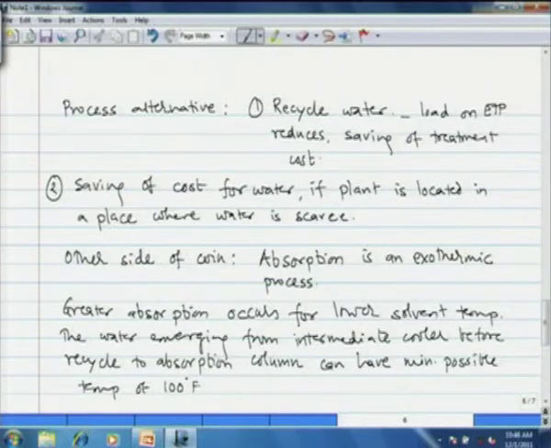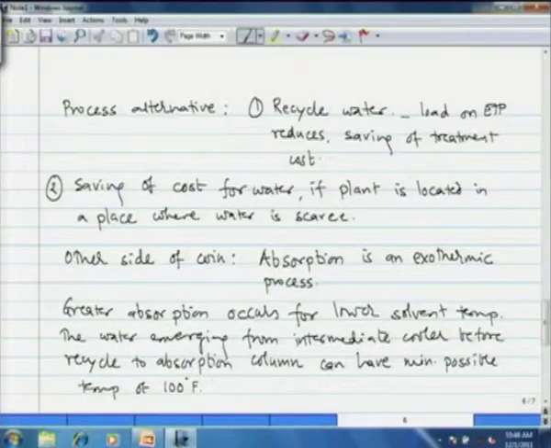And therefore, the amount of water that will be required will be higher, as compared to the continuous water fed flow sheet, the first flow sheet.